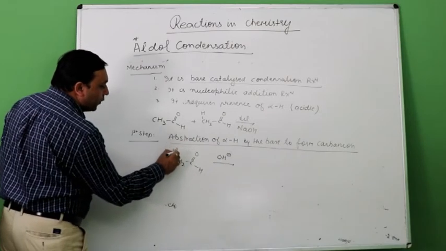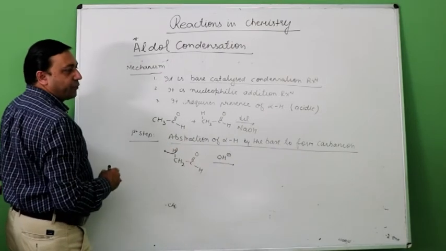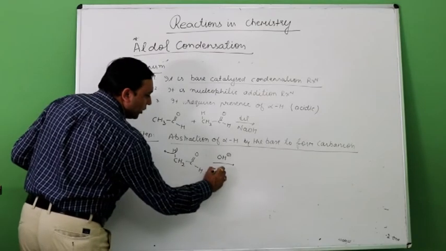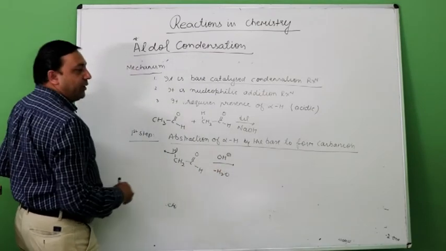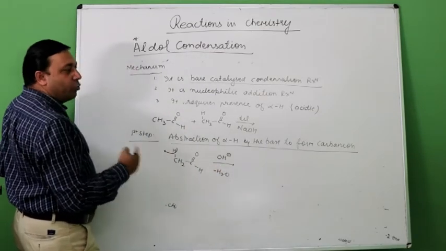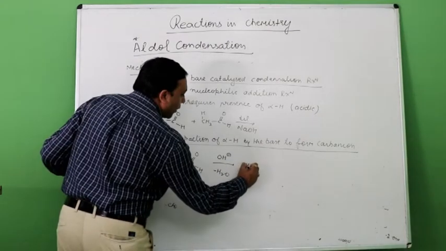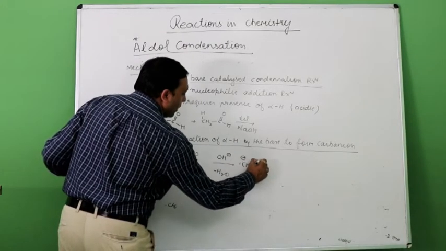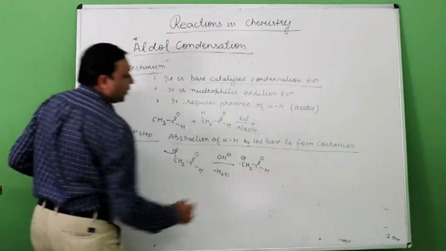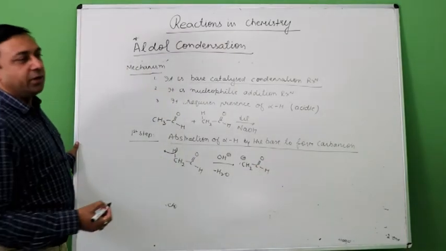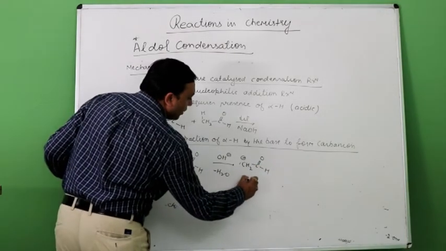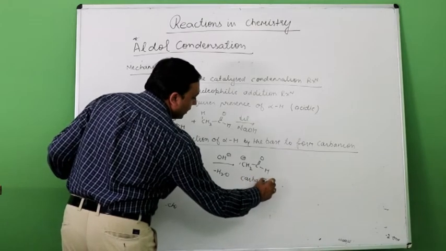So I complete the mechanism of this reaction now. I started with the first molecule, which formed a carbanion. Now this carbanion will behave as my nucleophile. This has been formed in presence of base, therefore it is base catalyzed. I am concentrating on base catalyzed condensation. The first step involves the formation of a nucleophile.